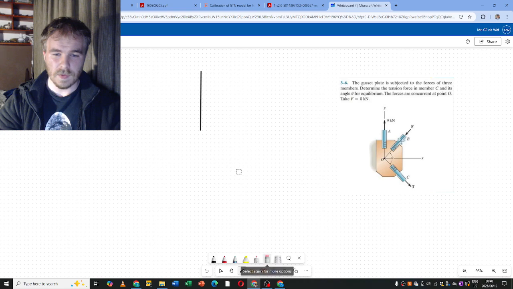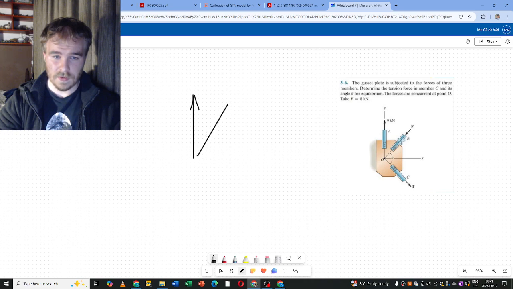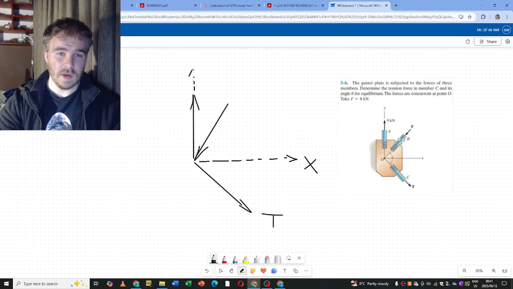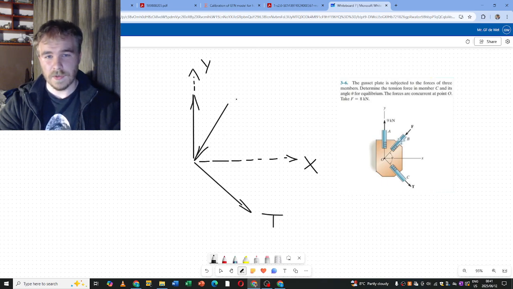Okay, no, we're not going to do it like that. I'm going to use dotted lines for the axis. So let's do this as a force, and we have another force over here, and then some tension force T, like this. And this is the x direction and the y direction.